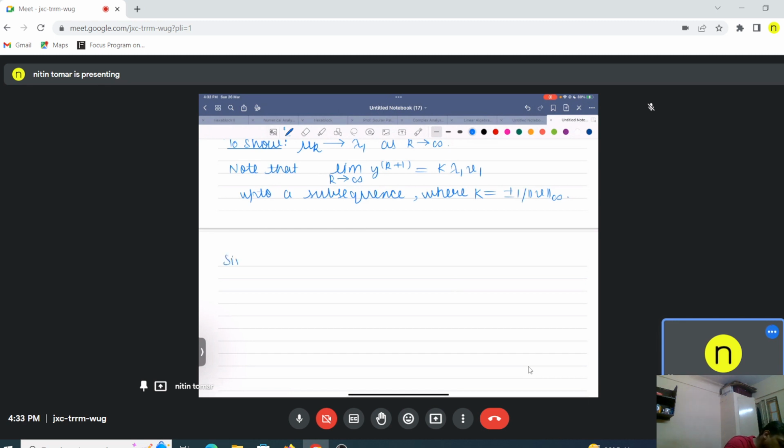Now since v1 is an eigenvector, there is at least one non-zero component. All this argument I have explained above very theoretically; now we are just writing it mathematically.